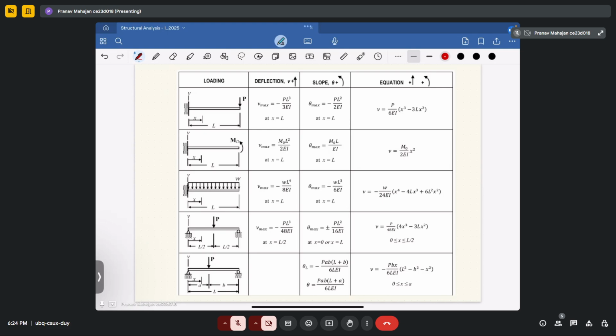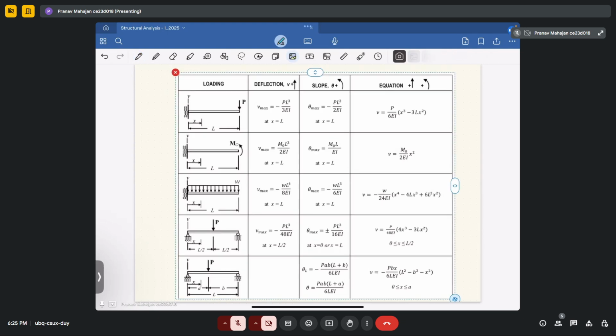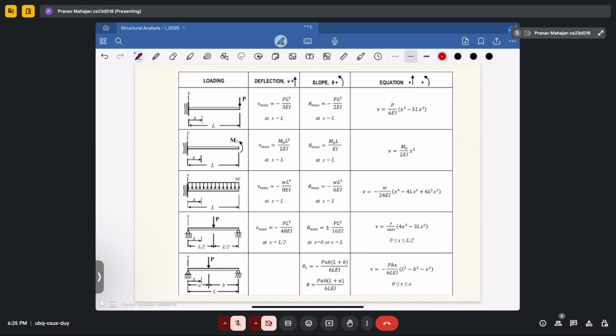The first case is when you have a cantilever beam with a concentrated load at one end. Suppose this is your point A and this is your point B. Your deflection at point B will come out as PL cube upon 3EI.